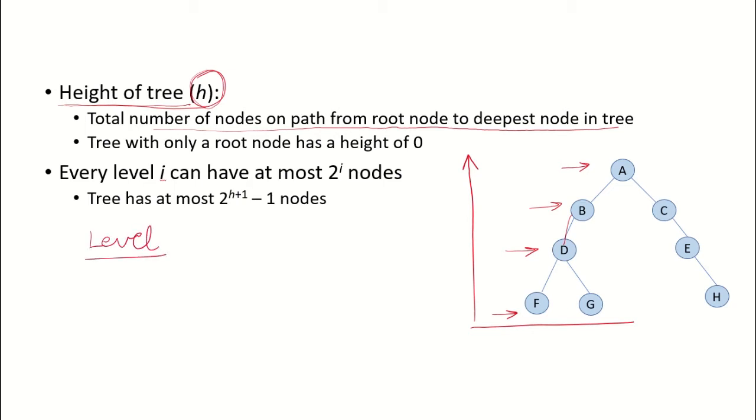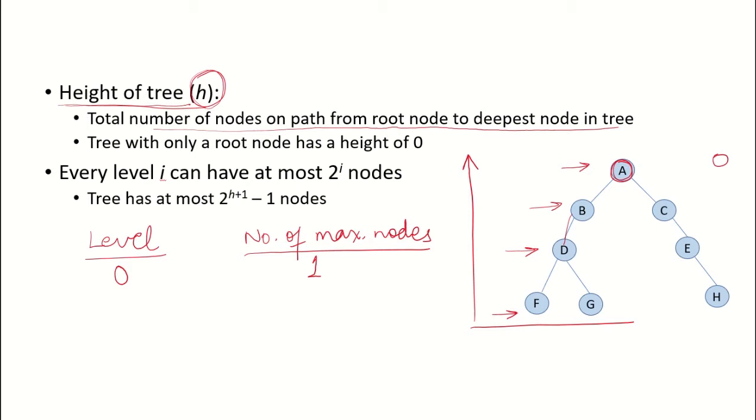So I'm going to talk about the level and the number of maximum nodes that can be present at that particular level. If we talk about level 0, and please refer to my earlier videos for what level means, we can just have the root node. So the number of maximum nodes possible is just 1.